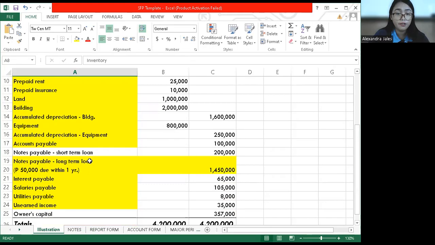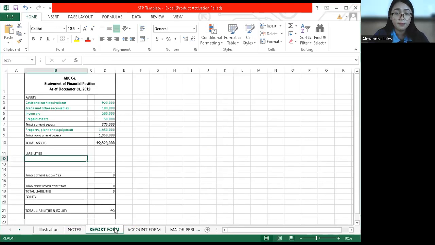So we have here your payables, right? So that means we will have your trade and other payables. Clear? We have here trade and other payables.